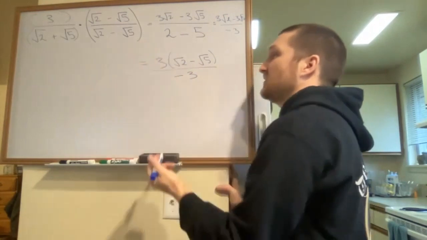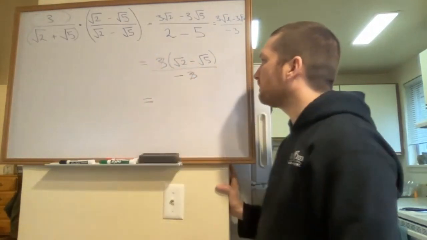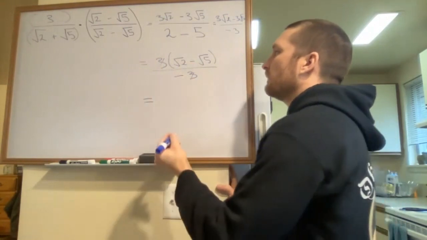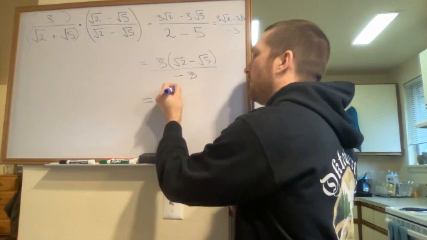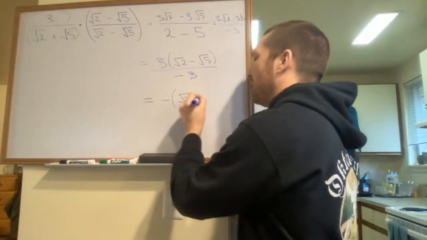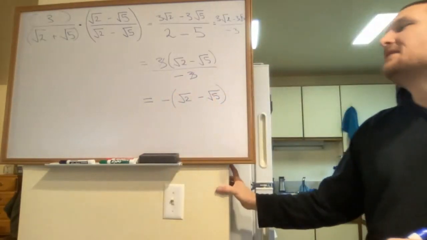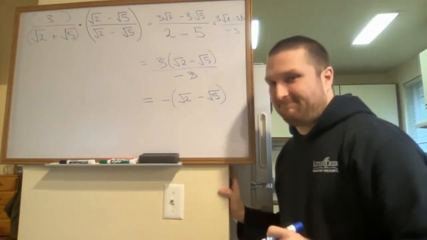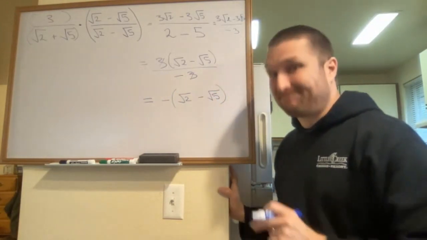So it's not always going to work out that way, but when it does, we should take advantage of it. The 3s cancel, and what am I left with? A minus square root 2 minus square root 5, right? Minus, and then parentheses. Or wouldn't you just do the square root, because couldn't you distribute the negative?